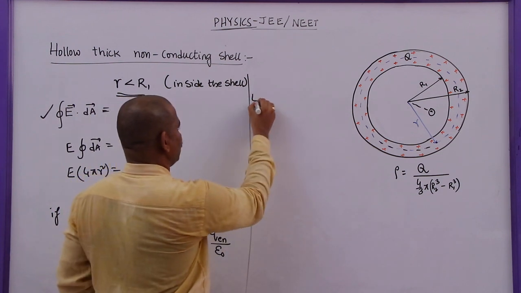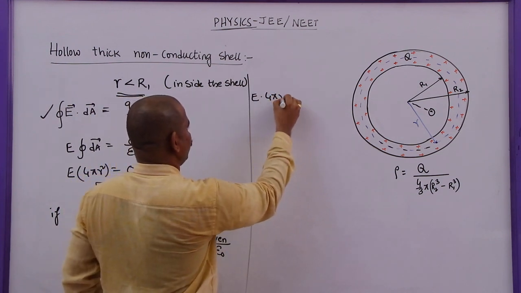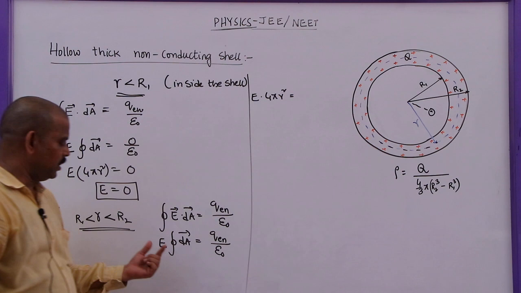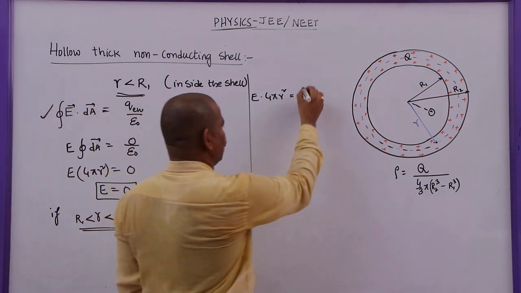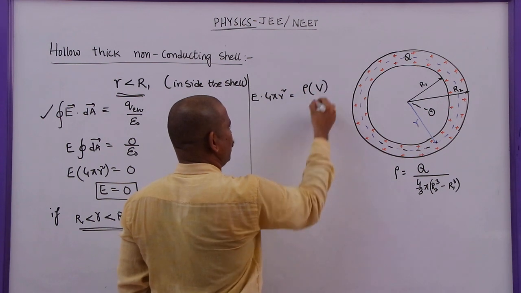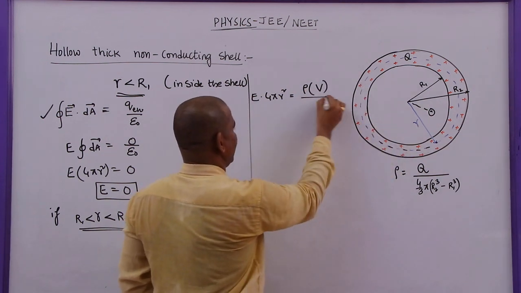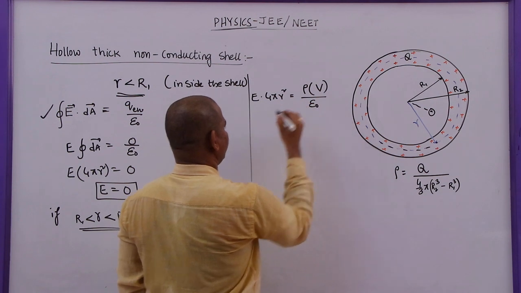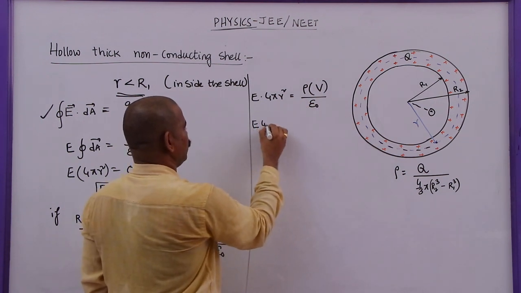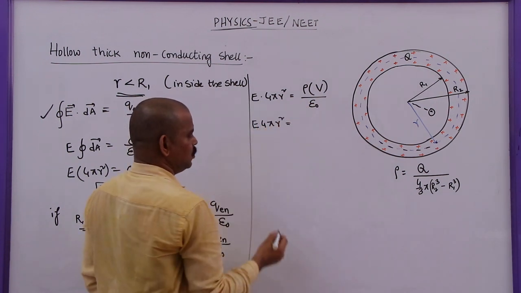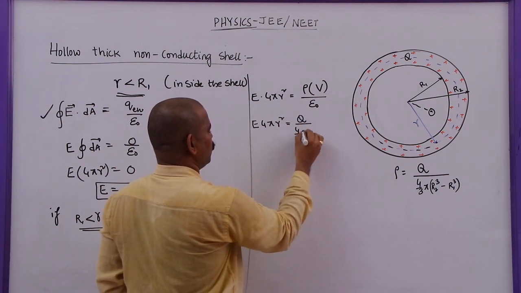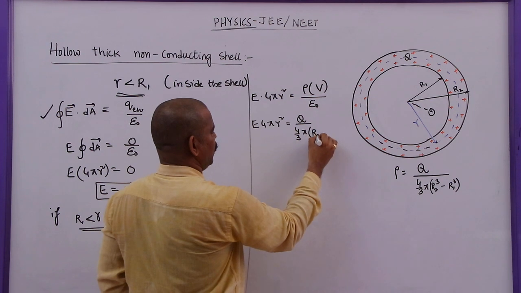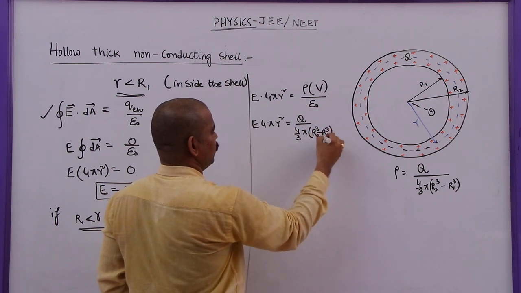So here I am continuing. This is E into 4 pi r square on the left side, integral dA is A. And what is the charge enclosed here? I can write rho into the volume of this blue color sphere by epsilon naught. So E 4 pi small r square is equal to rho, which is Q by 4 by 3 pi (r2 cube minus r1 cube).